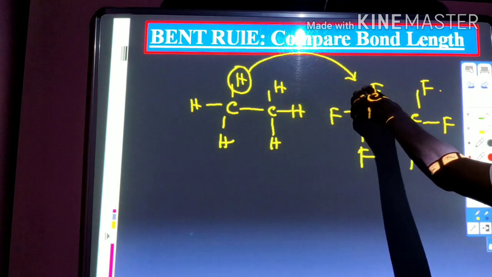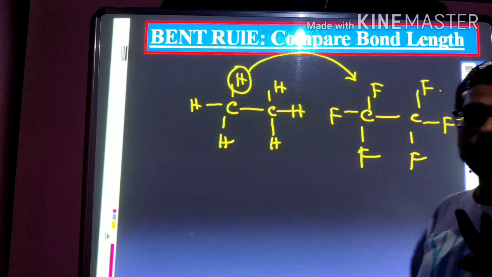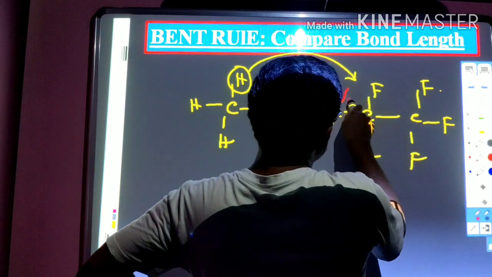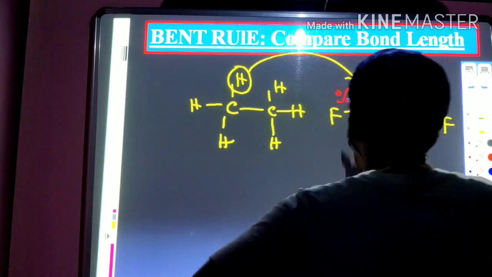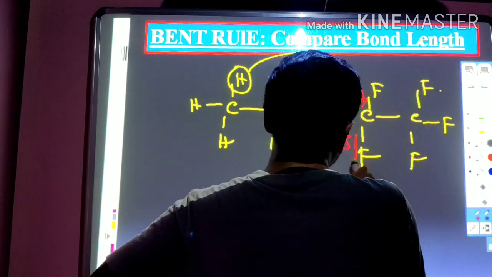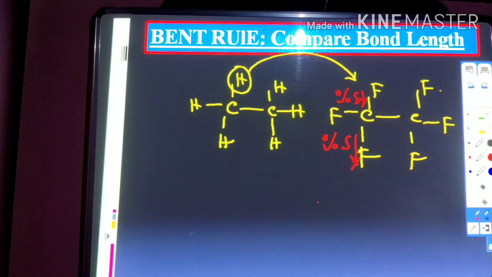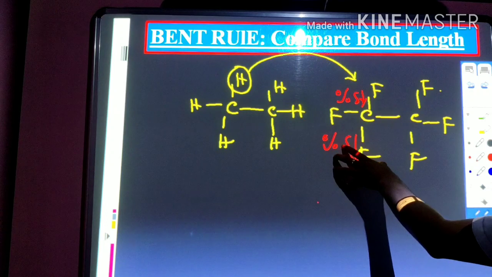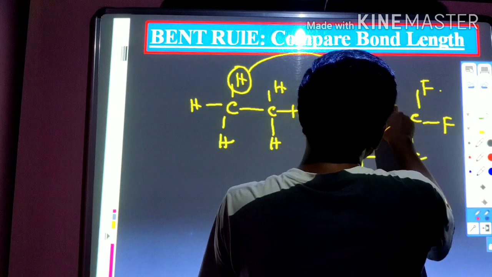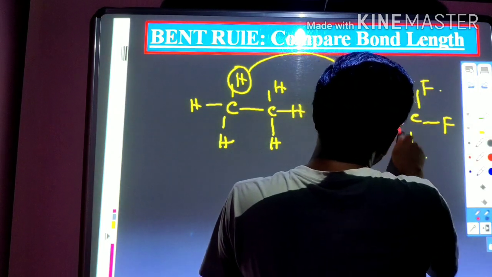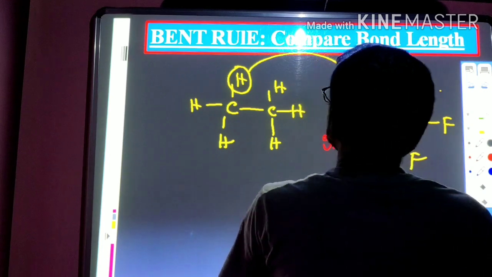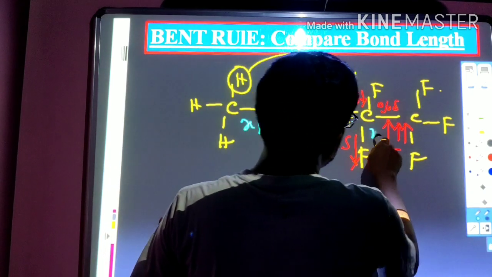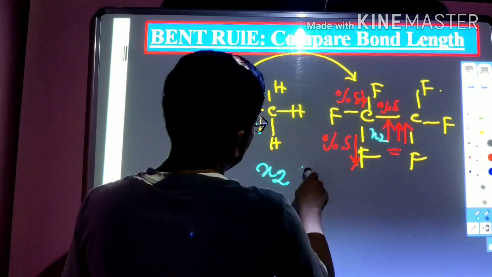So fluorine will preferably be in the orbital where percentage of S character is less. So in this bond, percentage of S character is less. How will it be compensated? If percentage of S character in these three bonds decreases, then here percentage of S character increases. If this is x1 and this is x2, we can write that x2 is less than x1.